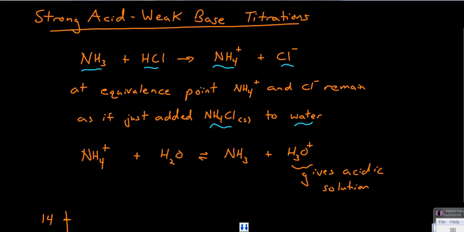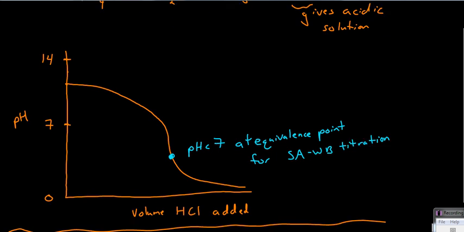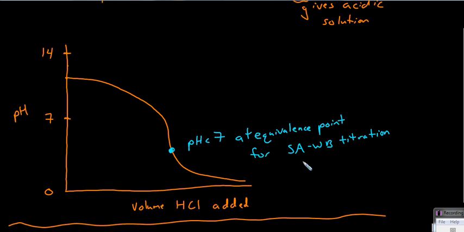And so you should memorize that when you have a strong acid, weak base titration, you're going to have an acidic solution after you've reached the equivalence point. The pH is going to be less than 7 at the equivalence point. And so you will see that here.